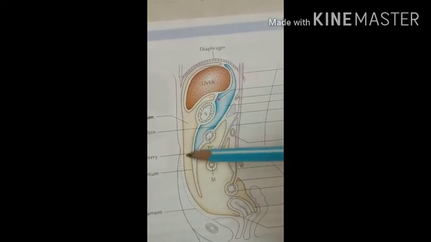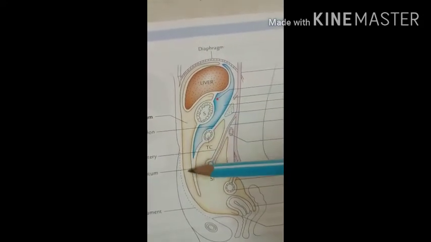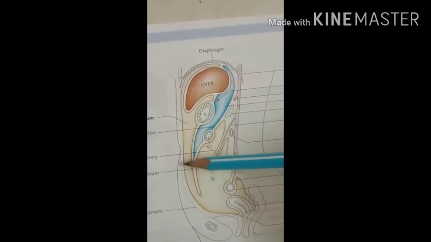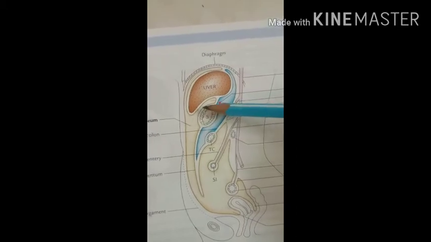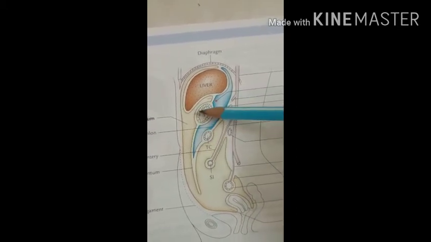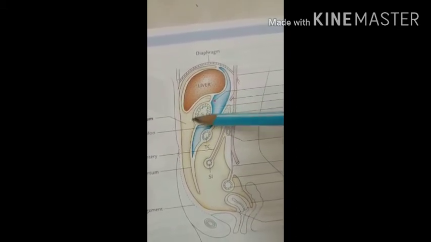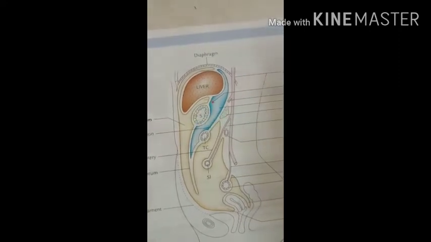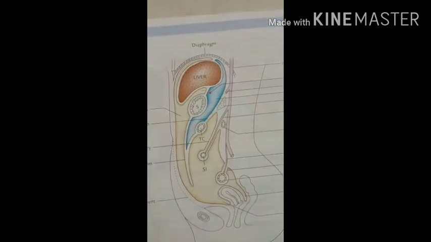This serous fluid avoids friction between the two layers, and because of this, the potential space and the visceral layer help the different movements of the visceral organs. So that is the peritoneum.